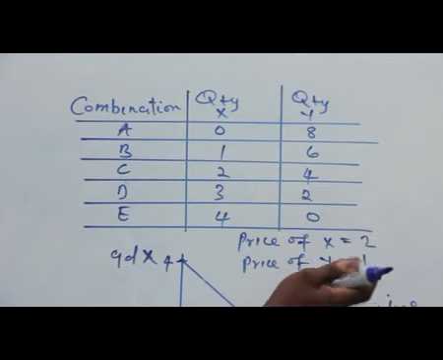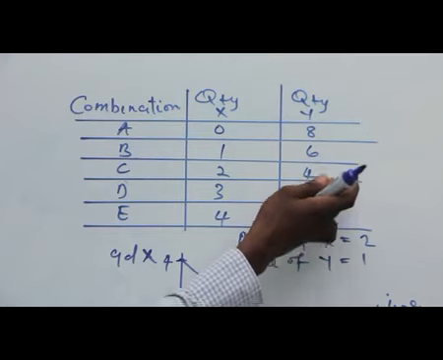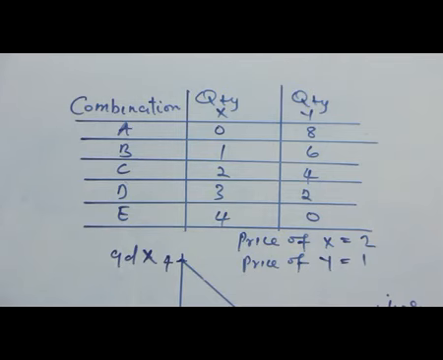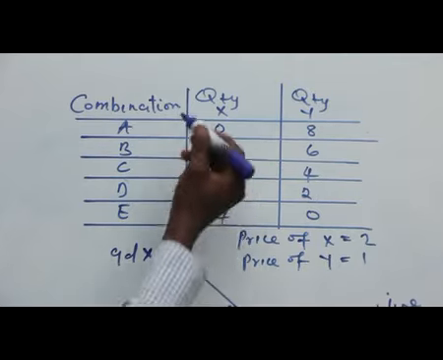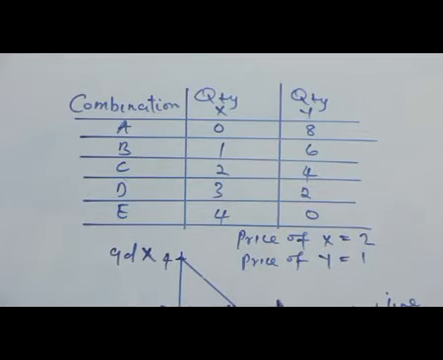And $1 times 2 units of Y is $2. So at the end, we have the total income of $8. What we are trying to understand here is that the consumer wants to consume two commodities at a time that will give equal satisfaction.